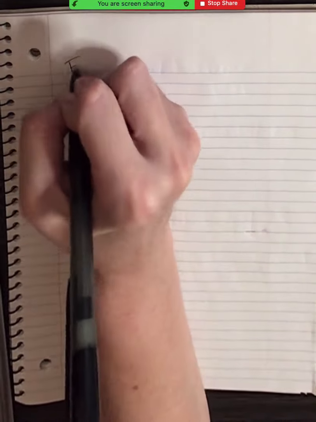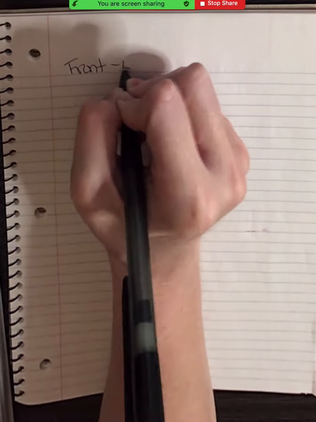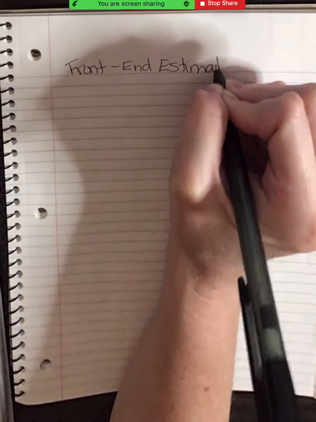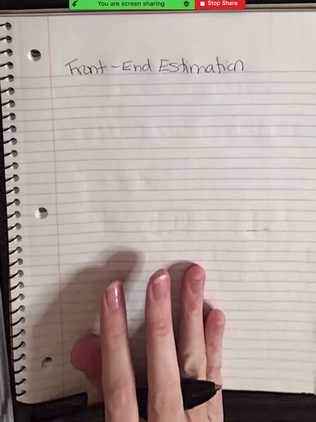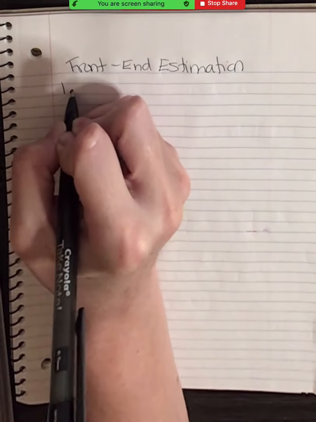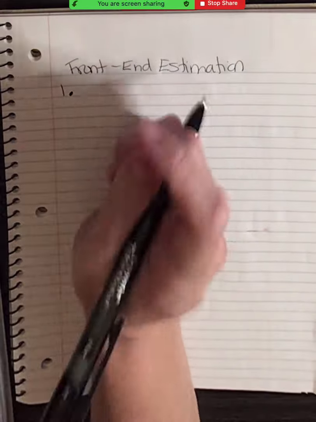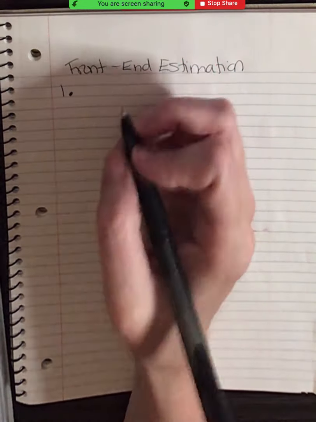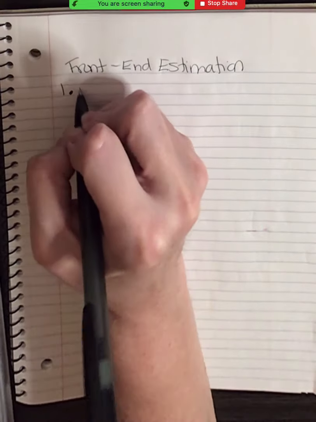All right. One last thing you could do with estimation is something called front-end estimation. So this works from the front of the number down. Again, two steps. The first thing is you're going to add or subtract, whatever your operation is, to get the first digit as an initial estimate.